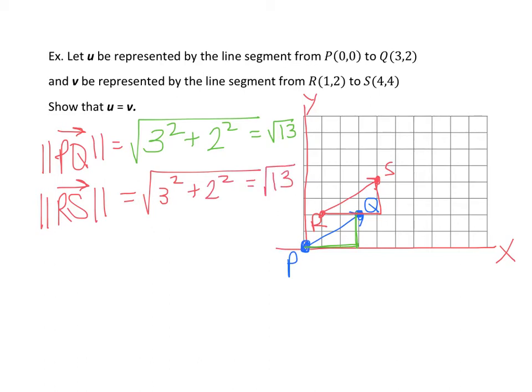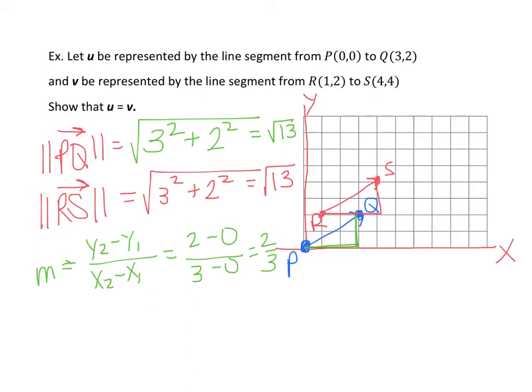So we're good there. And then I need to look at their slope. Slope, remember, y2 minus y1 over x2 minus x1. So for PQ, this would be 2 minus 0 over 3 minus 0, so 2/3.